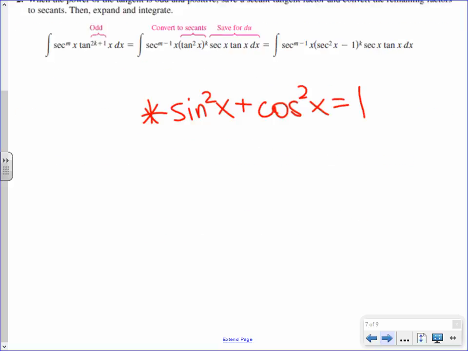Imagine dividing all of those terms by cosine squared. Sine squared divided by cosine squared is tangent squared, plus cosine squared divided by cosine squared is 1, equals 1 divided by cosine squared, which is secant squared. That is something that we're going to have to use to do these integrals.